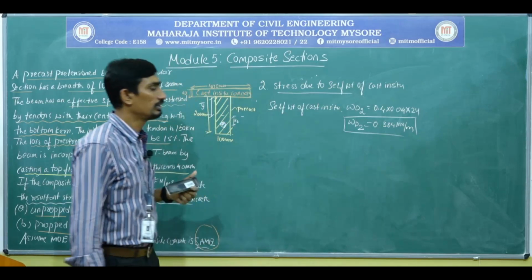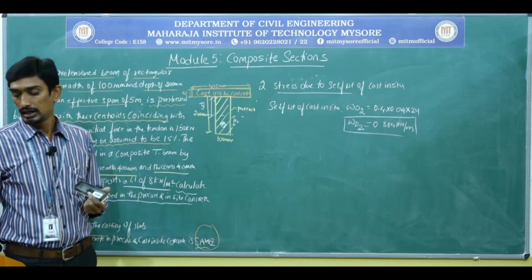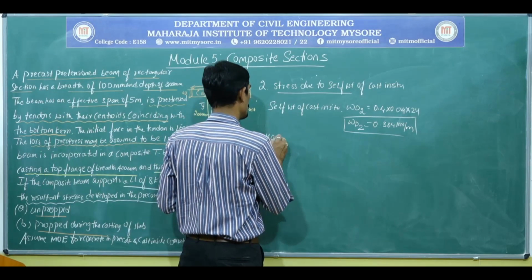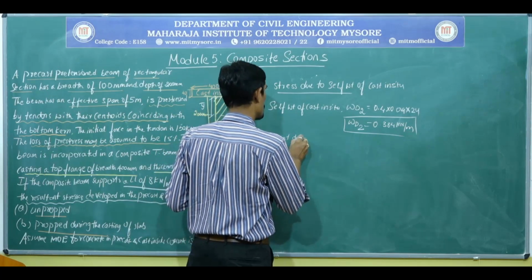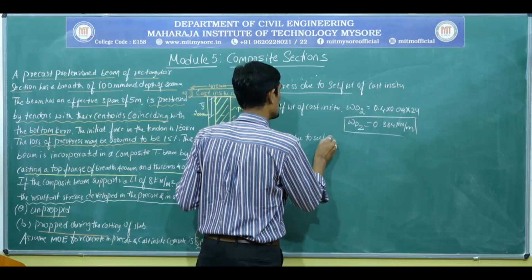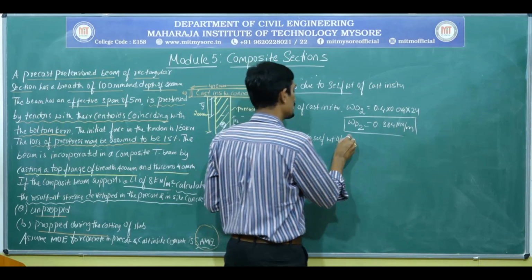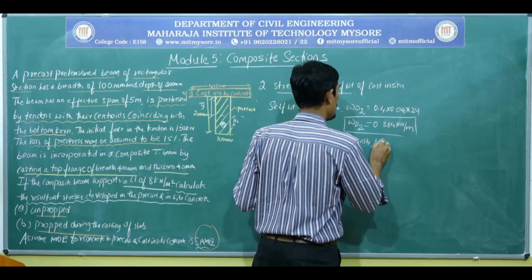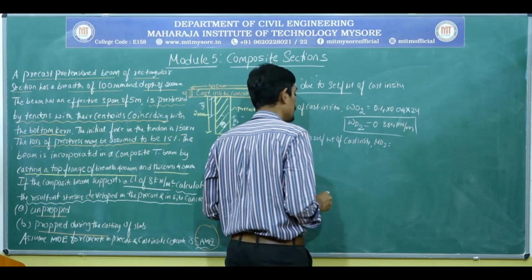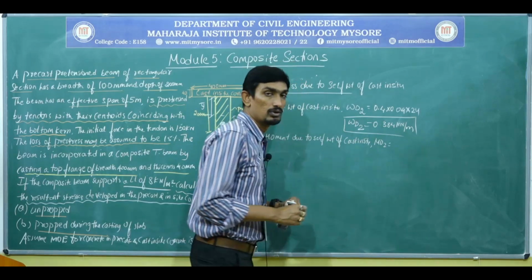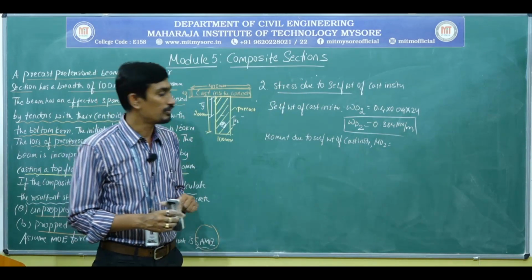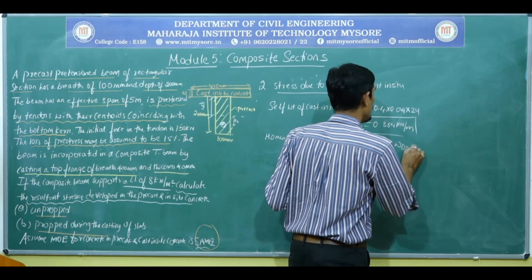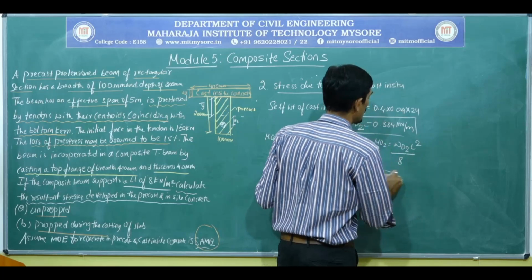Now with respect to this, calculate the moment. So the moment due to self-weight of cast in situ, MD2, is equal to, we already know the formula, once again the same thing, WD2 into L square by 8.